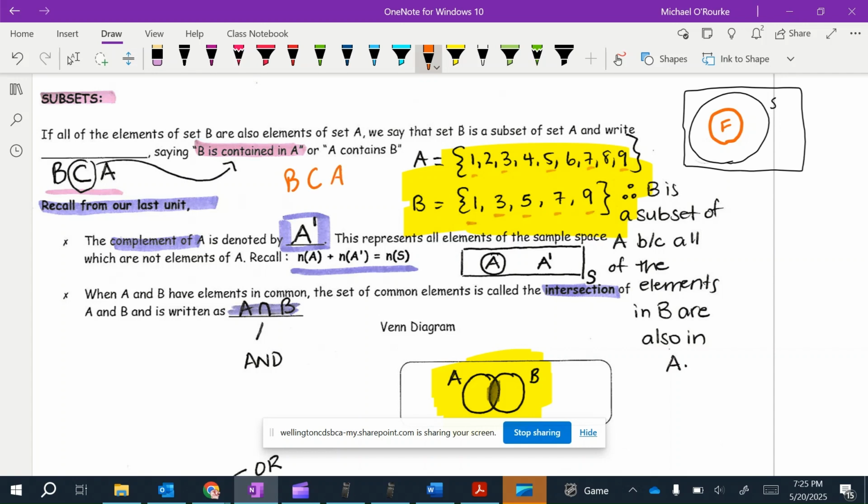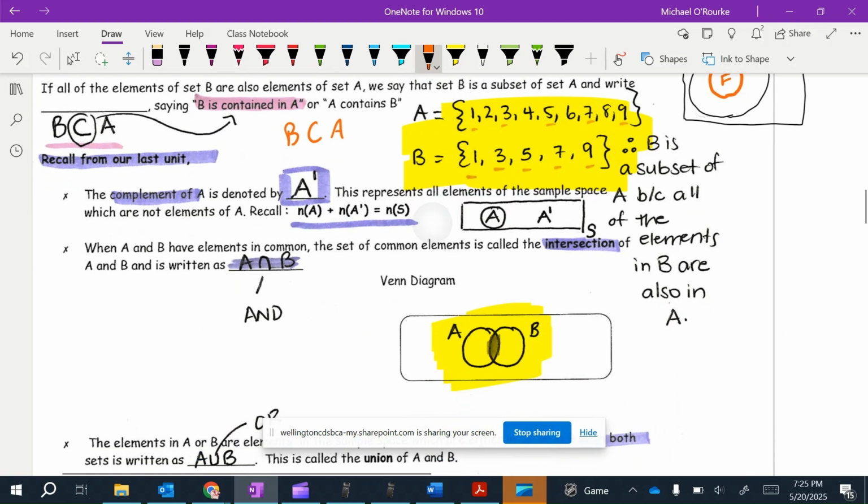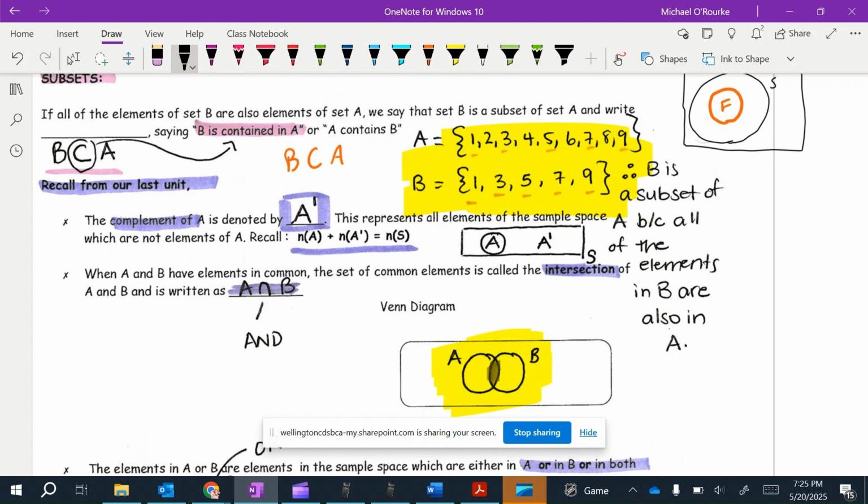Now, yesterday we went over complement, right? So complement is everything that's not set A. If we go back to the school, if this is your school in this set, let's call this school St. Thomas or St. Mary's, but this is your school here.